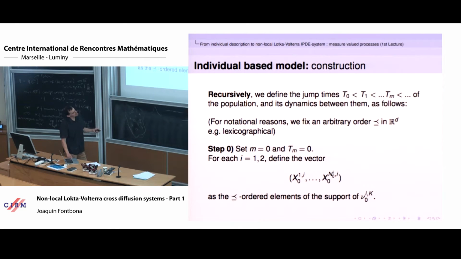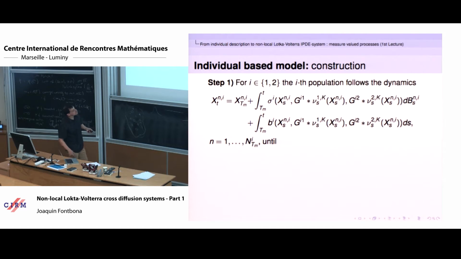So recall that this is a point measure. It's a sum of Dirac masses, each of them with mass 1/K, which I assume to be random. Then I look at where points are located, and I run a dynamics for this vector. So the number of individuals will be fixed at the beginning. And I do this for each population.